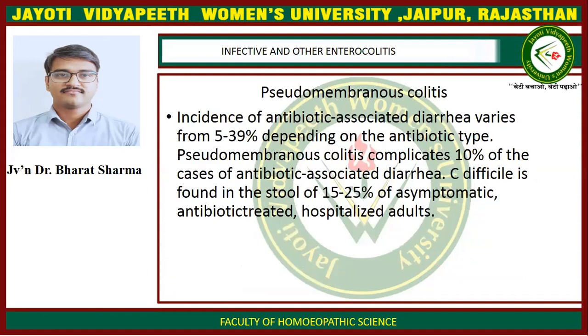Now, incidence of antibiotic-associated diarrhea varies from 5 to 39% depending on the antibiotic type. Pseudomembranous colitis complicates 10% of the cases of antibiotic-associated diarrhea. C. difficile is found in the stool of 15 to 25% of asymptomatic antibiotic treated or hospitalized adults.